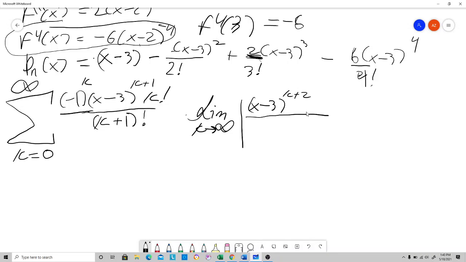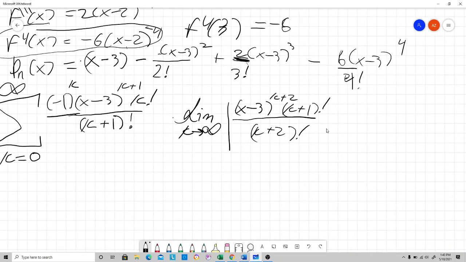And then k plus 1 factorial. And in the denominator, I add an extra one, so k plus 2 factorial.